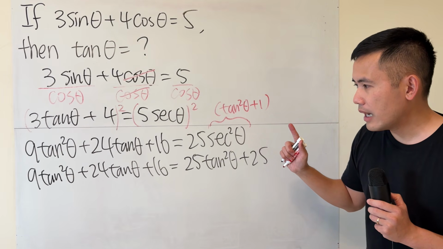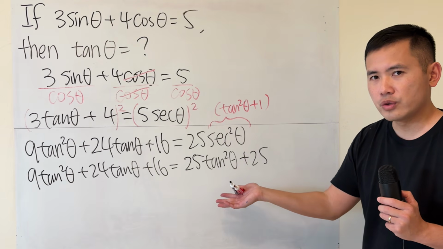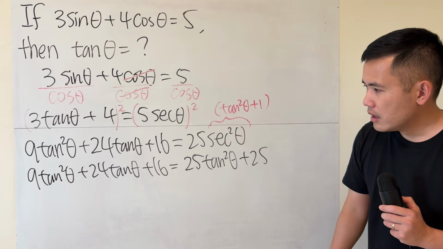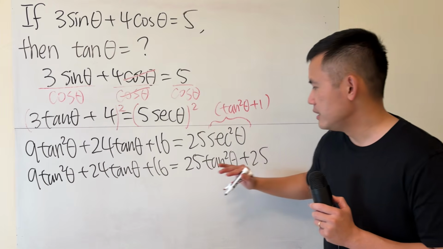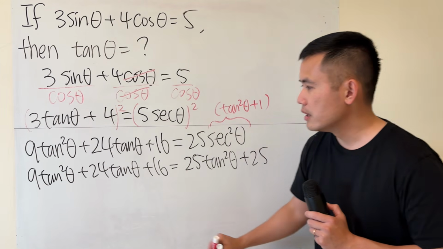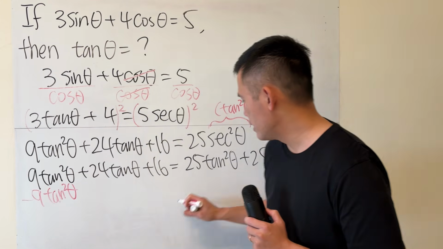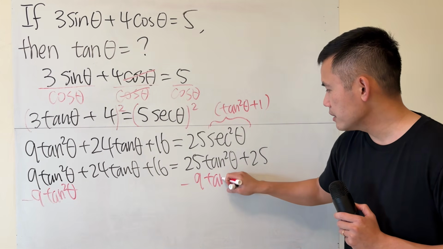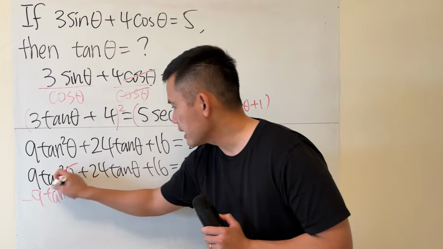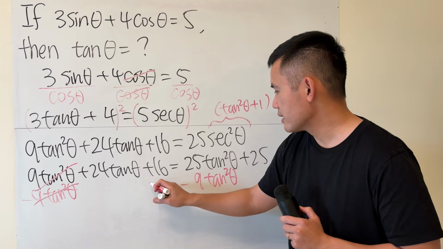Now, the goal is to solve for tangent theta, right? So I am going to just work with this and then we're pretty much done. This is an equation in terms of tangent theta. Let me move these terms to the side so that we are working with positive coefficients for the tangent squared. So minus 9 tangent squared, and then minus 9 tangent squared. This and that cancel, and then also bring this to the other side.